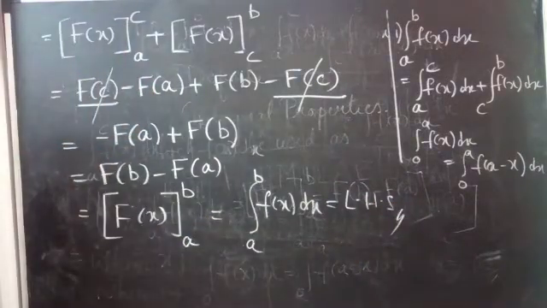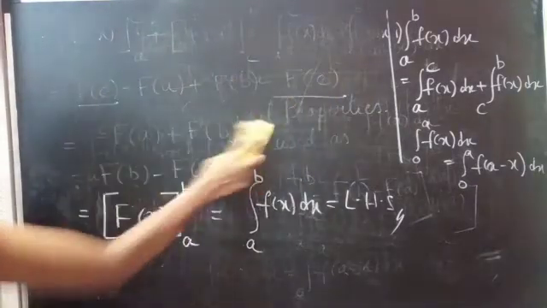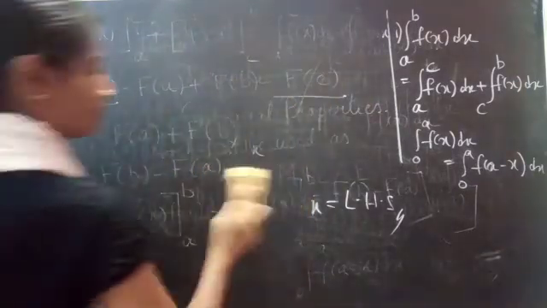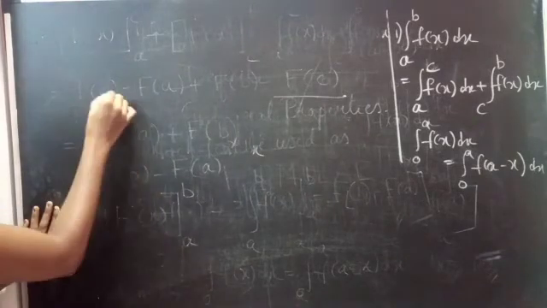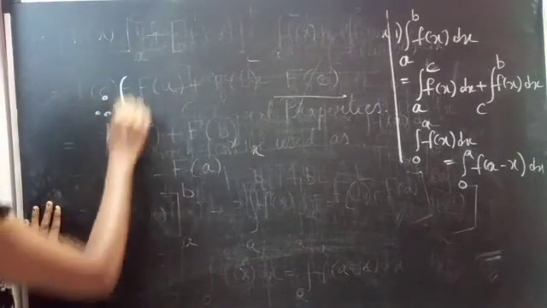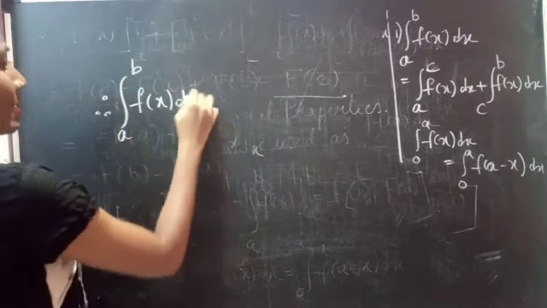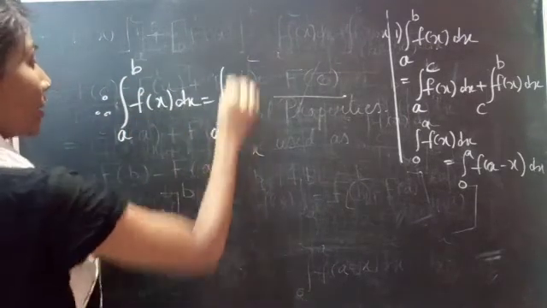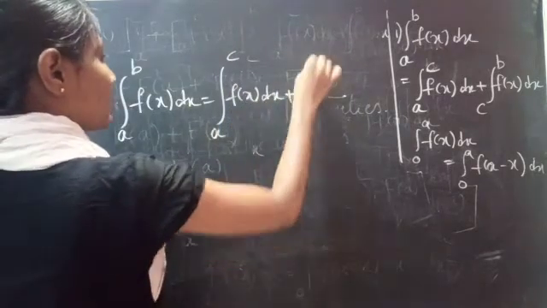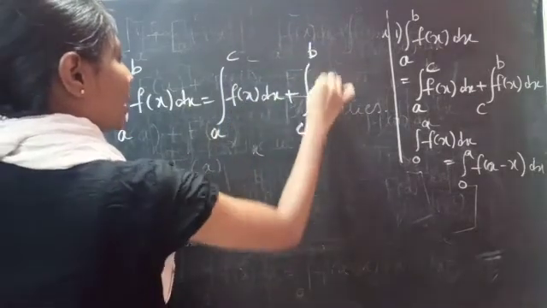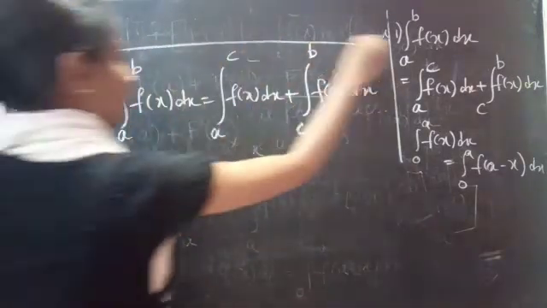Therefore, integral a to b f of x dx is equal to integral a to c f of x dx plus integral c to b f of x dx.